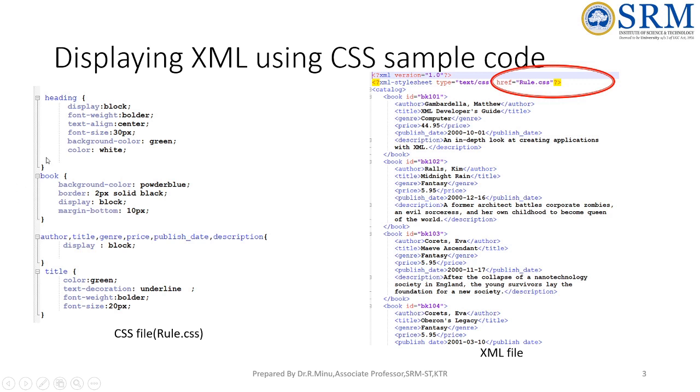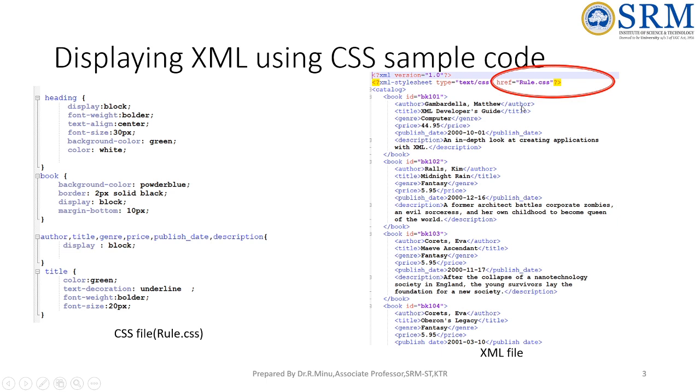So I have written the CSS and saved it as rule.css, and I have embedded the CSS in the XML file using this particular line of code: xml-stylesheet type equal to text/css and href of rule.css. You need to save both files in the same place, and you need to refer to this particular CSS. So this is an external CSS file reference.